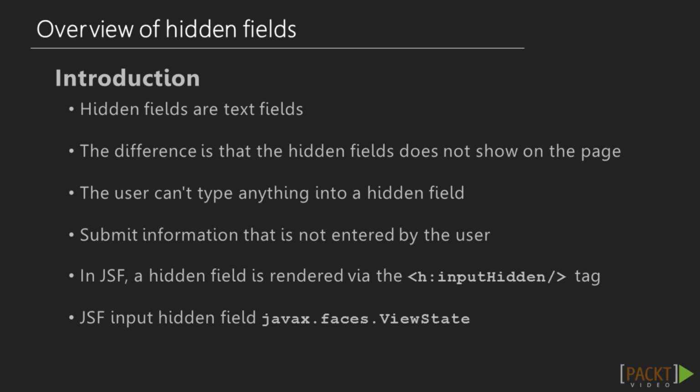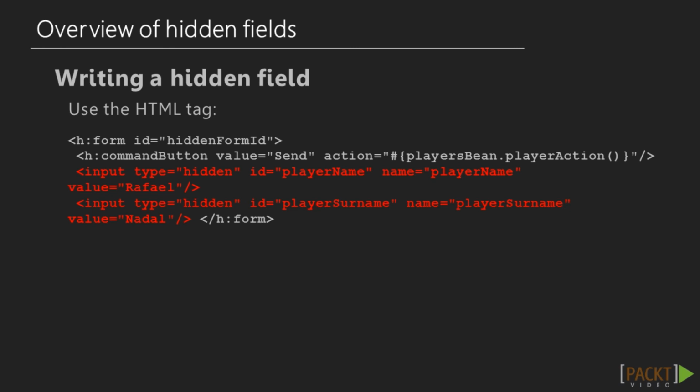On the other hand, if the state is saved on the client, then JSF stores it as the value of the same hidden field. This value is a base 64 encrypted string representing the serialization of the state. In order to write a hidden field, we can use plain HTML code as in this example.